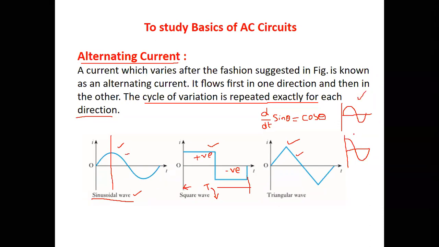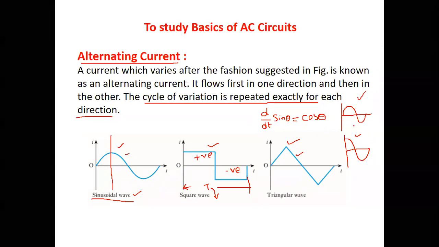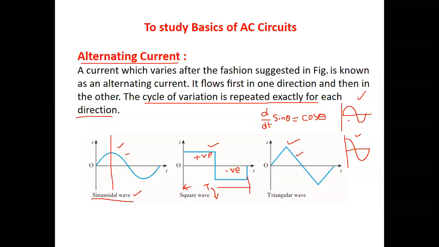So this is your sine waveform, this is your cosine waveform. If you develop a sinusoidal waveform, mathematical analysis of circuits becomes simple, because integration of a sine becomes cosine, and differentiation of a sine becomes cosine. So the shape of the waveform remains the same, only with a phase displacement of 90 degrees. That is the reason we always try to generate a sinusoidal waveform.